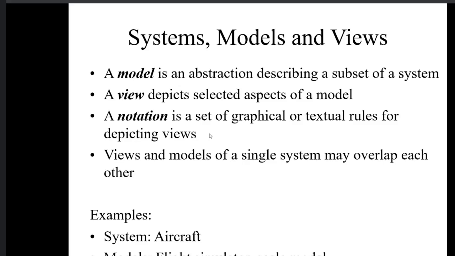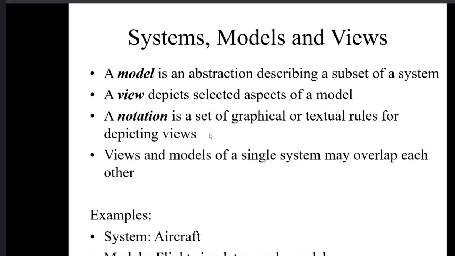If the system is an aircraft, then the models can be a flight simulator or scale models. In flight simulators, you may have certain smaller portions, which can be considered as views, like electrical wiring, fuel system, and other operations that are going on.